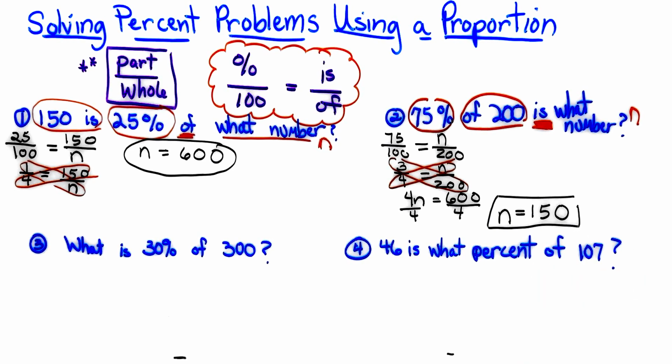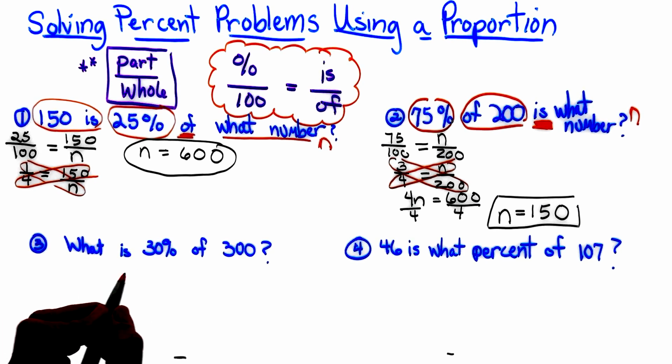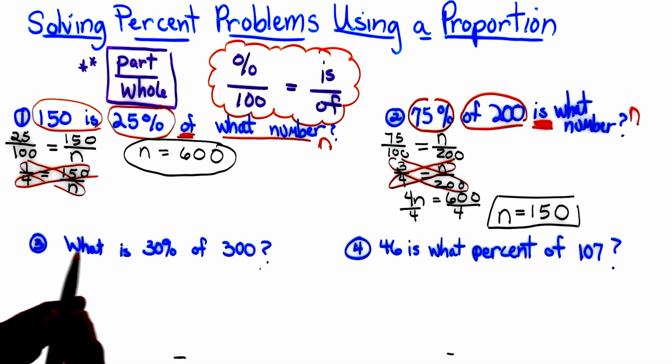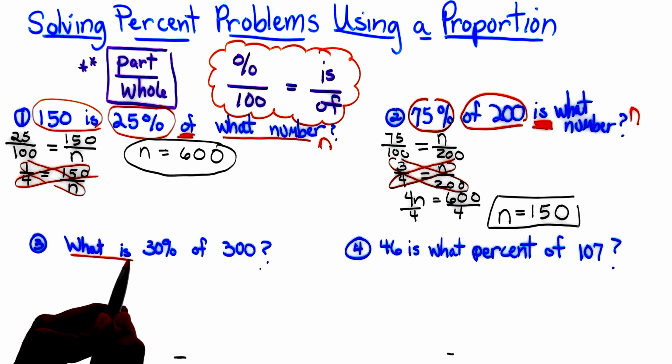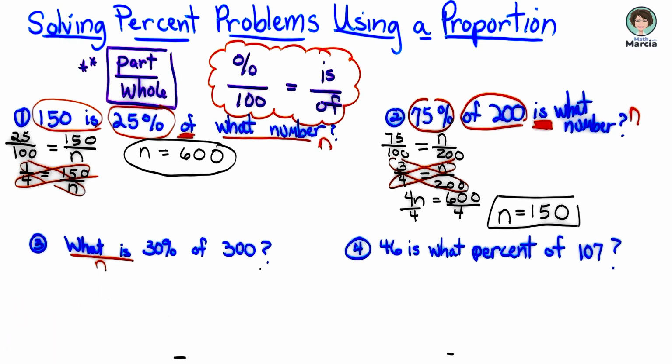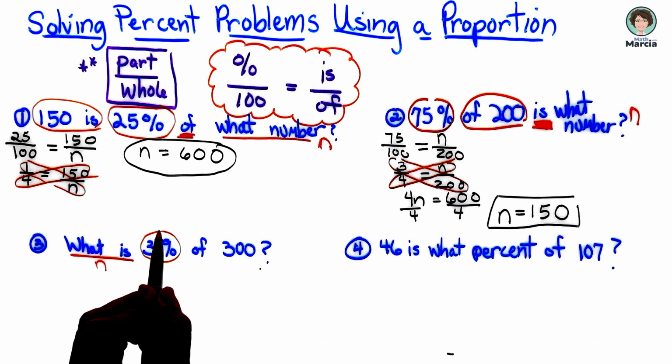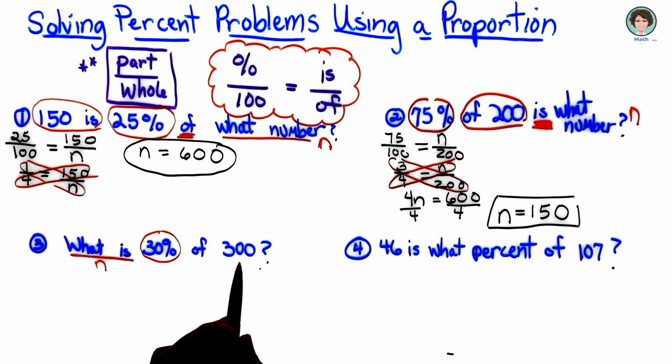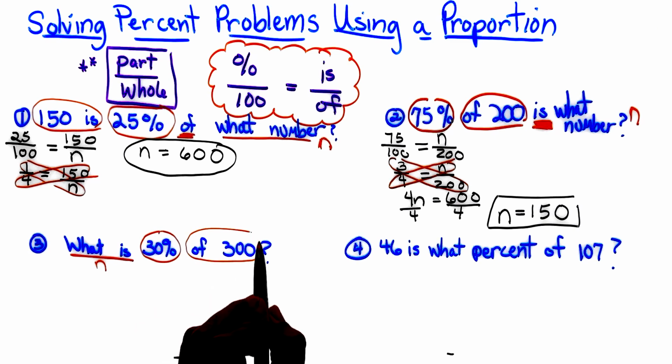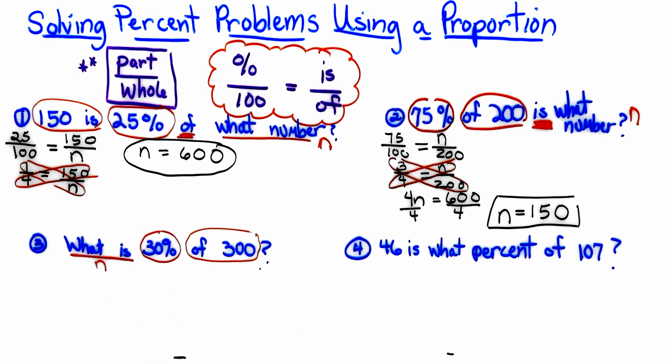Okay, let's look at number 3. What is 30% of 300? Well, here is my "what is." So there's my variable. 30% we're going to write as a fraction, and they give me my big total for the "of." So setting it up again, we're going to write that 30 over 100 is equal to the "is" an n, the "of" is 300.